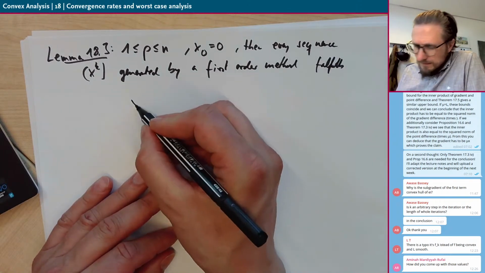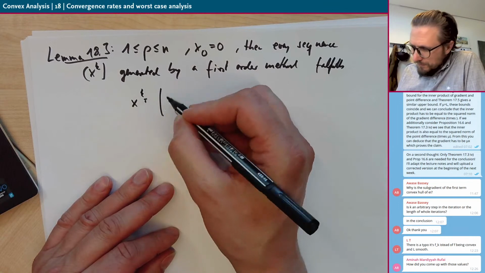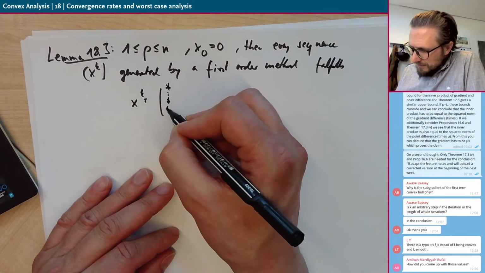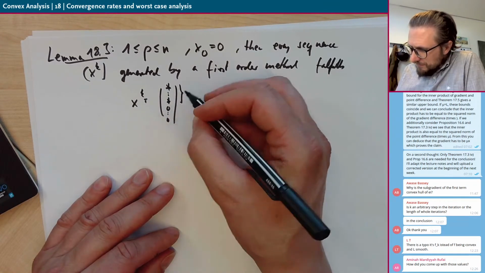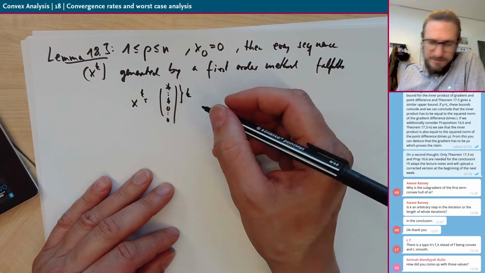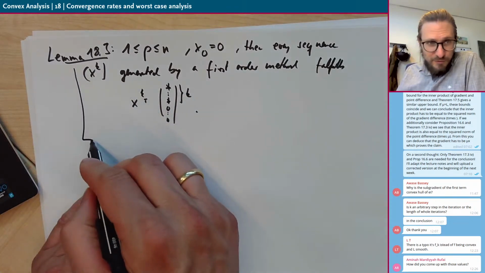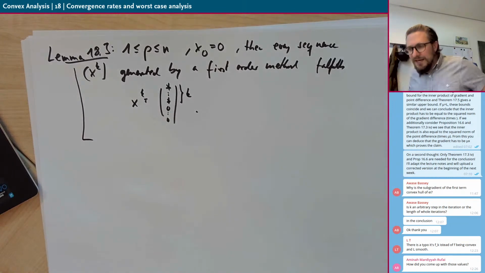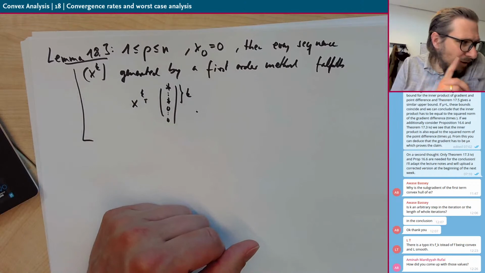that the xk is of the form a lot of stars in the beginning, zeros in the end, and these are the first k entries. So the same as before. The objective is like that if you start at 0 and iterate, and I forgot the bound for k.